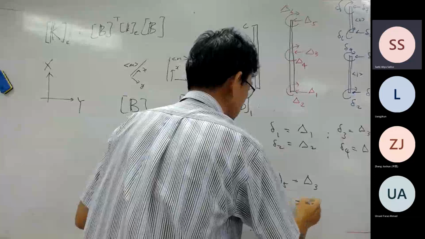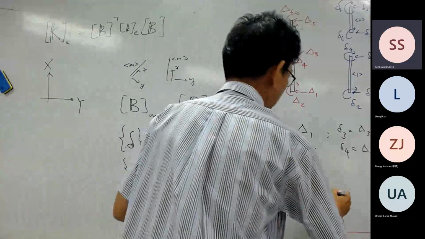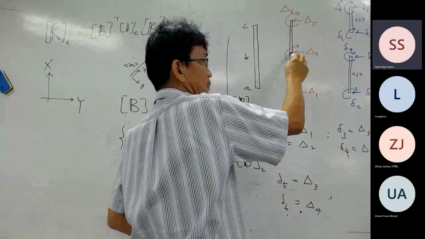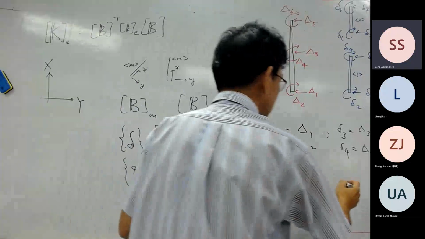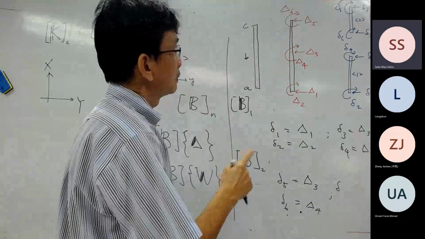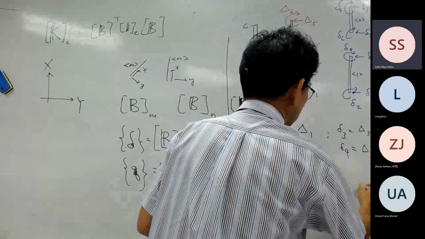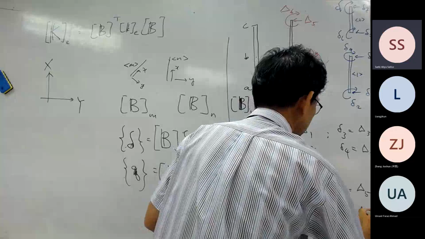Delta 6 equal to delta 4. Yeah, this node of element number 2 actually coincides with this. Then delta 7 is actually equal to delta 5, and then delta 8 equal to delta 6.